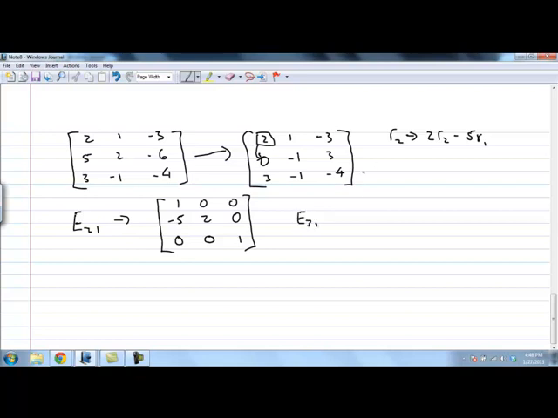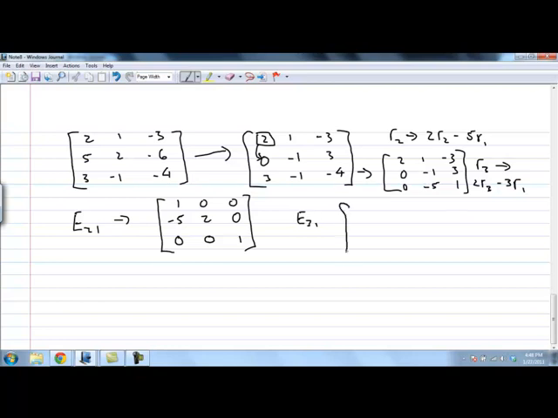E31 transformed this matrix into the matrix 2, 1, minus 3, 0, minus 1, 3, 0, minus 5, and 1. And this elimination step was a result of row 3 going to twice row 3 minus 3 times row 1.